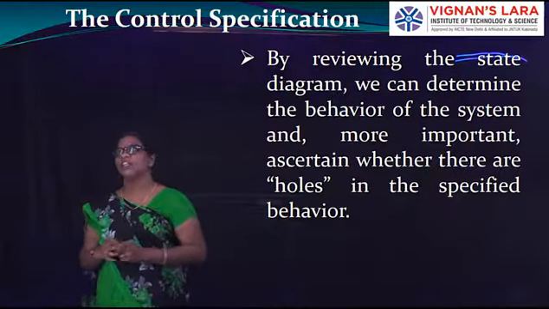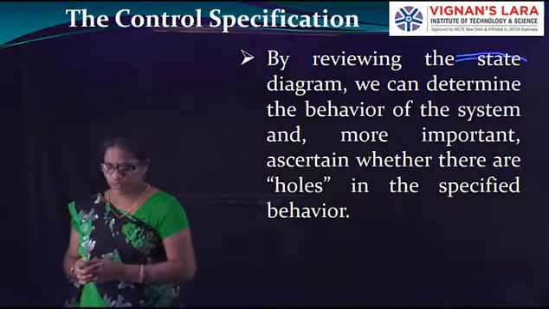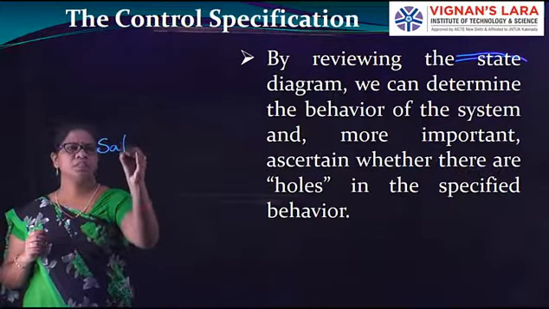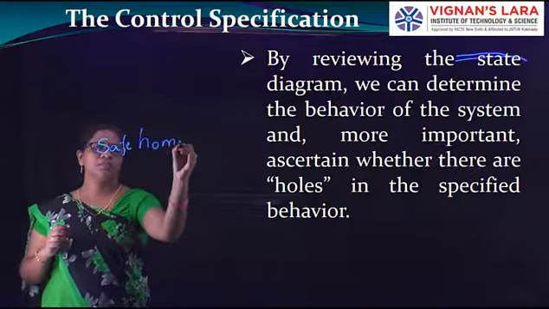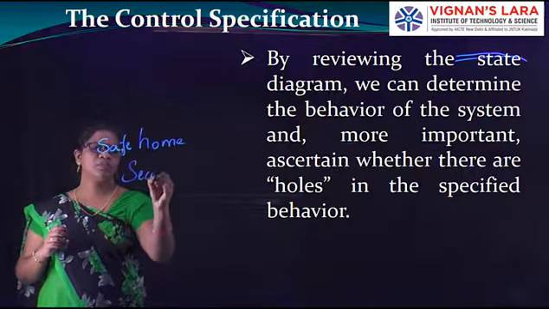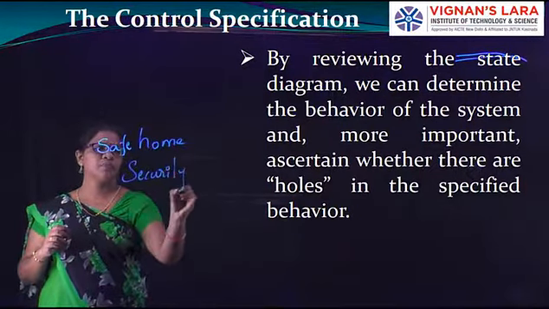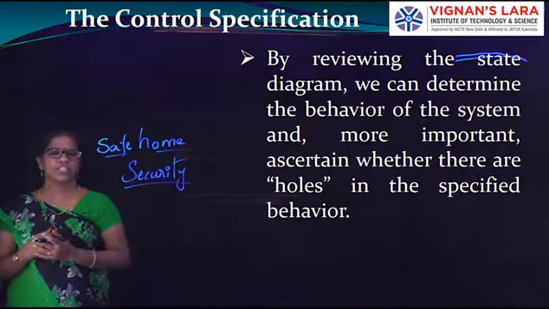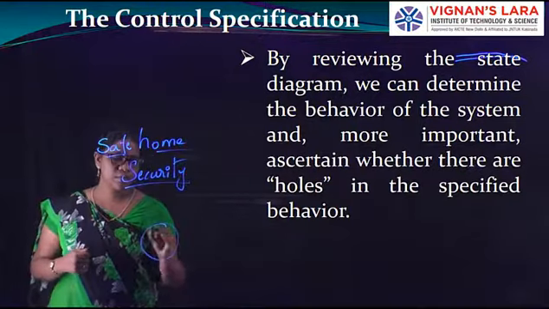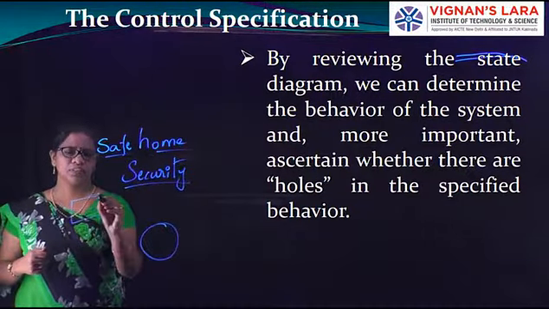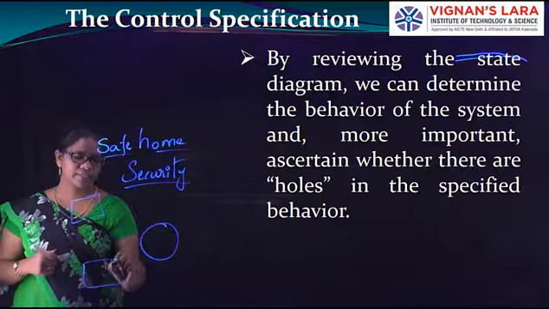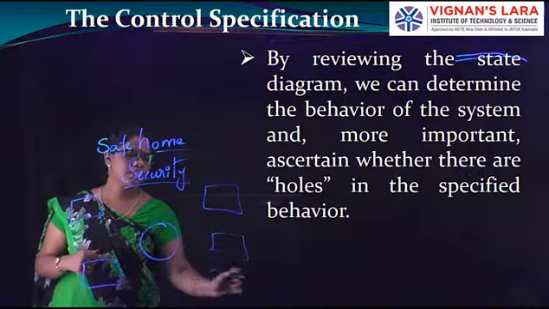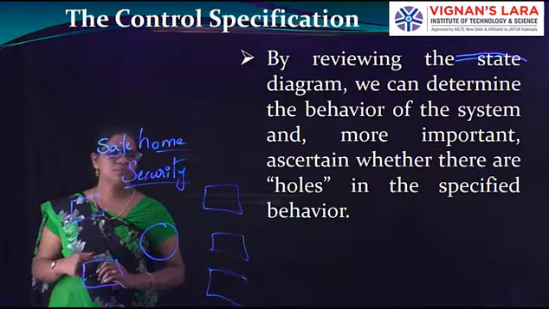For example, in detail, if you want to know, this is the safe home security. The DFD diagram is about the safe home security. In the safe home security there is a software, here sensors, here a display, and here some telephone or police dial, whatever it is.